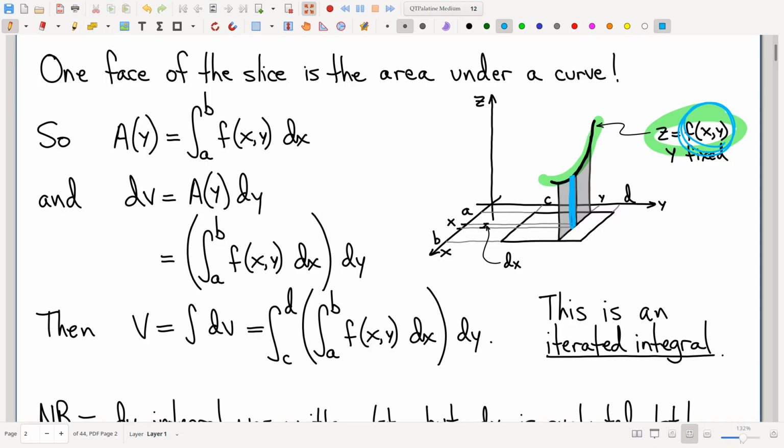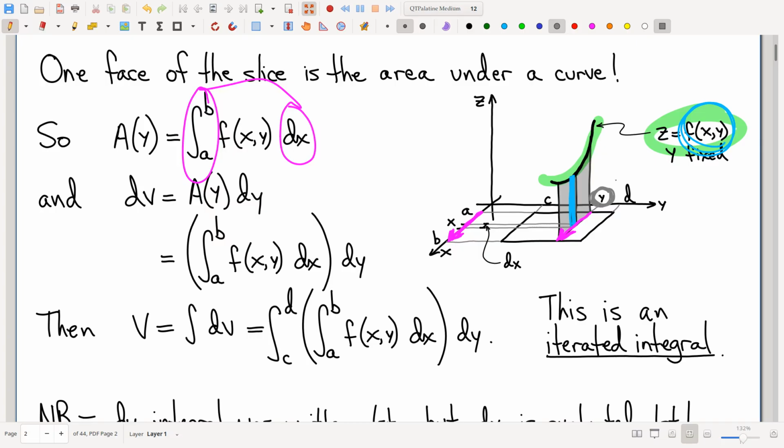So this is actually pretty straightforward. All I have to do is move along that shadow there that I'm highlighting in purple. In other words, let x range from a to b. And as x goes from a to b, I've got to make sure to keep y at whatever value it is wherever I want to compute this cross-sectional area. y has to stay fixed.